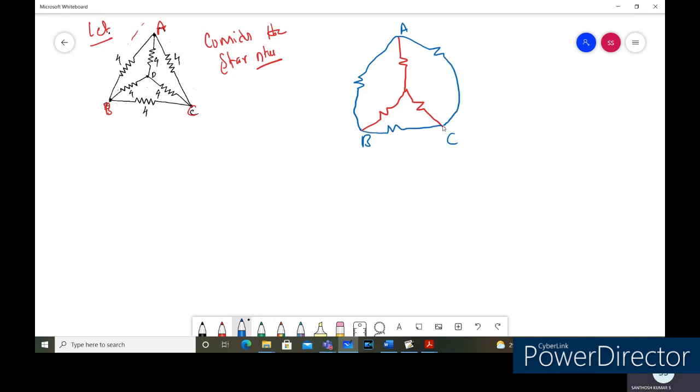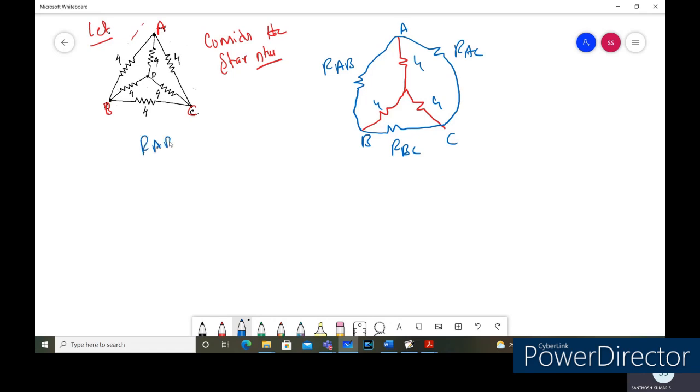Here we need to find the values for the resistances. Between nodes A and B it is called RAB, between A and C it is RAC, and between B and C it is RBC. The star resistances are all 4 ohms.